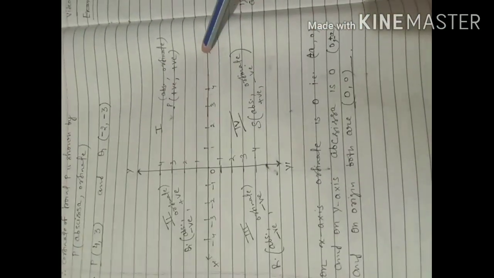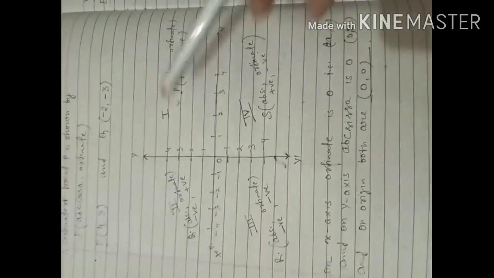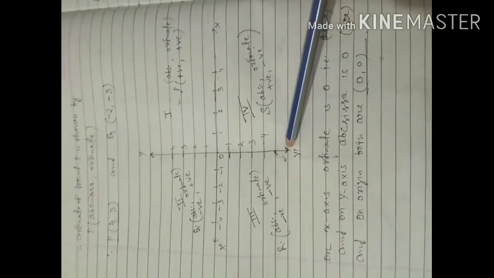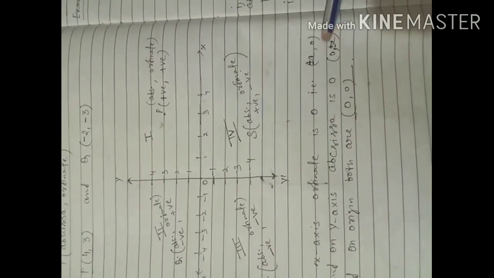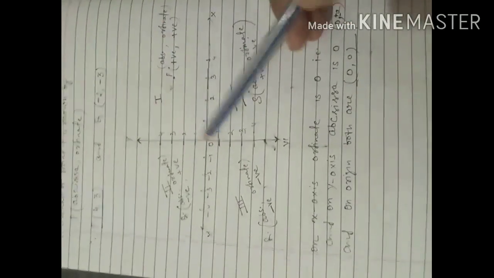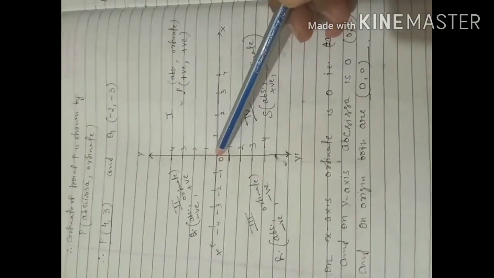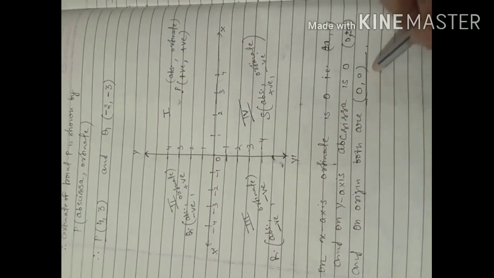So on the x-axis the point will be in the form of plus minus a, 0 according to the positive x-axis or negative x-axis, and on the y-axis the abscissa will be 0, the point in the form of 0, plus minus a according to the positive y-axis or negative y-axis, and at the origin both abscissa and ordinate are 0, 0.